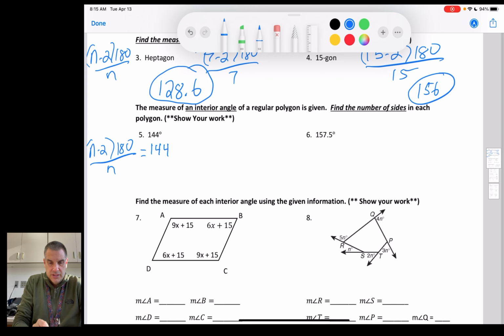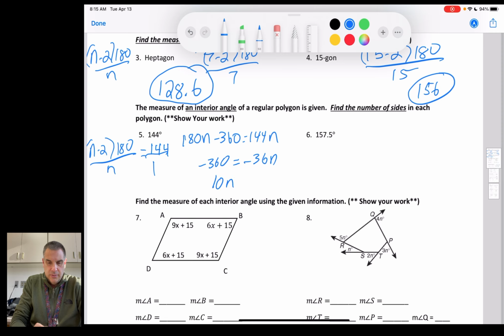We multiply both sides by n, and then we distribute. So that's 180n minus 360 equals 144n. I did the cross multiplying, and then I distributed. 144 minus 180 is negative 36n equals negative 360. So n equals 10.